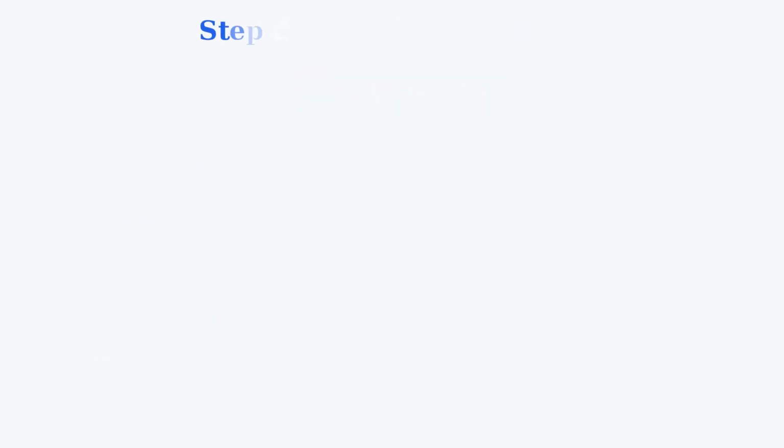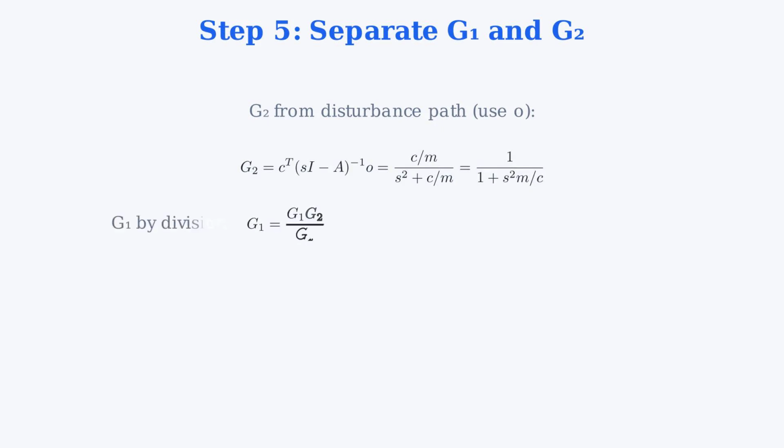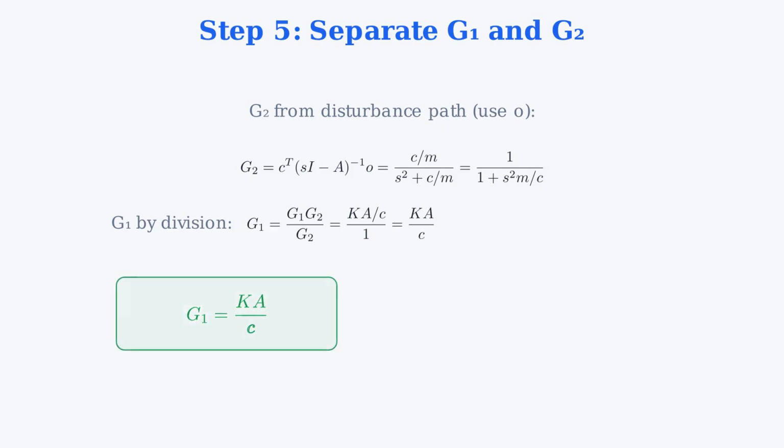Step 5. Separate G1 and G2 and verify. We need G2 by itself, the transfer function from disturbance w to output y. Apply the same formula but with O instead of B. G2 equals C transpose times (sI minus A) inverse times O. The O vector is 0, c over m.